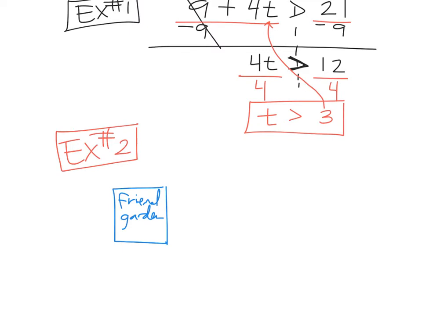You want to fence in a garden next to your friend's, and your friend's already has a fence around it. So that means your garden is going to go something like this. So how many edges, how many fencing sides do you need? 3. You need 3, right? Because your friend already has this side taken care of with a fence. You need this side, and this side. So you need that much fencing for your garden.